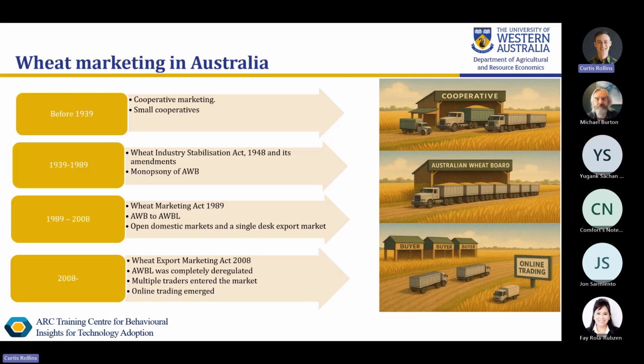That was the only single desk where producers used to sell their produce, and the AWB used to market their wheat inside the country or outside the country. By 1989, the government came with the Wheat Marketing Act, which partially deregulated the Australian Wheat Board. That opened the domestic market for private traders and other cooperatives, but it was still a single desk for exporting wheat from Australia.